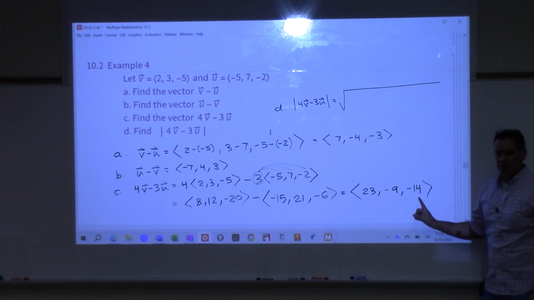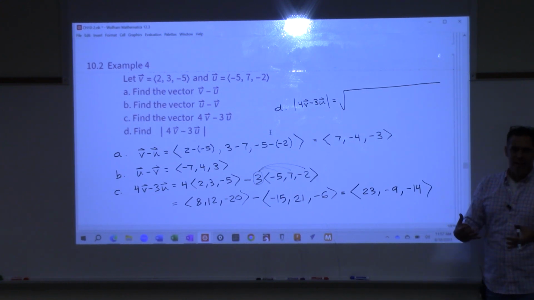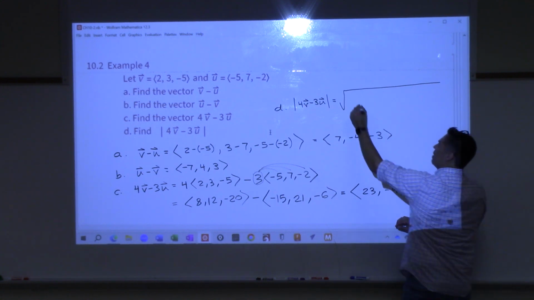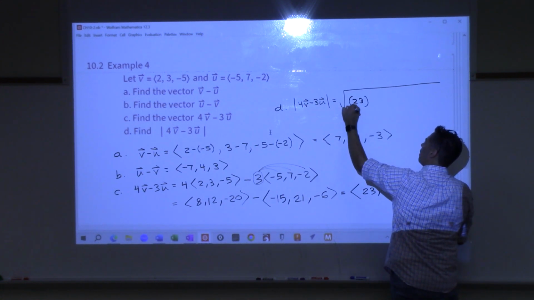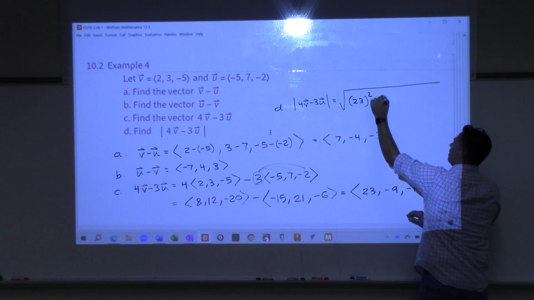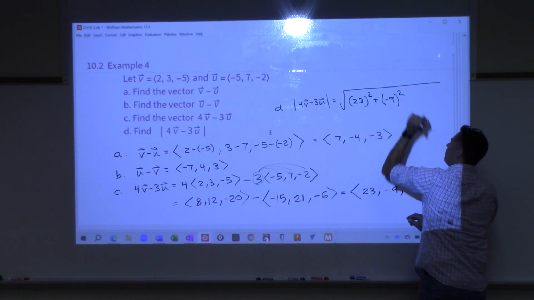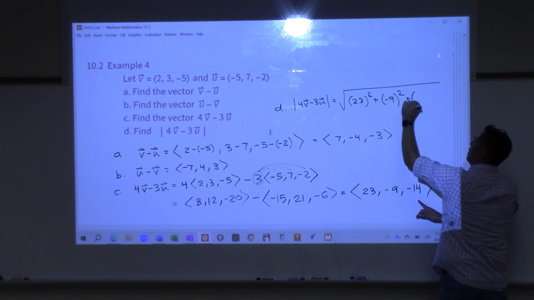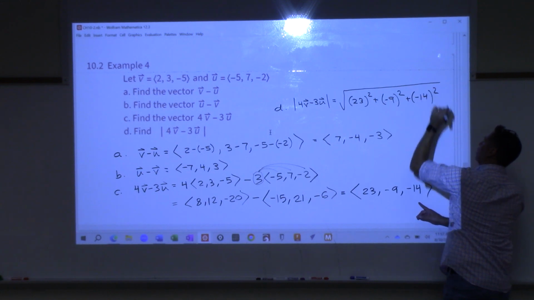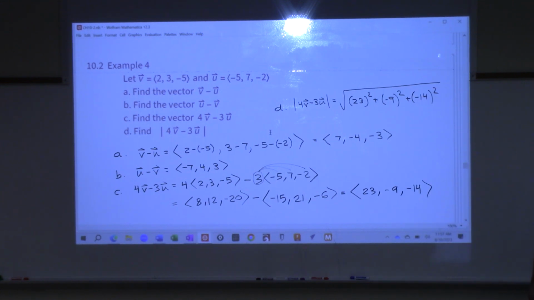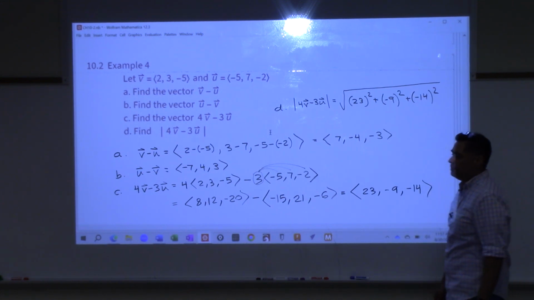Each of these things squared and added together. So we have 23 squared plus negative 9 squared. The negative's not going to matter, but I'm putting it there anyway. Negative 14 squared. So whatever that is, right, is going to be the magnitude of that vector.